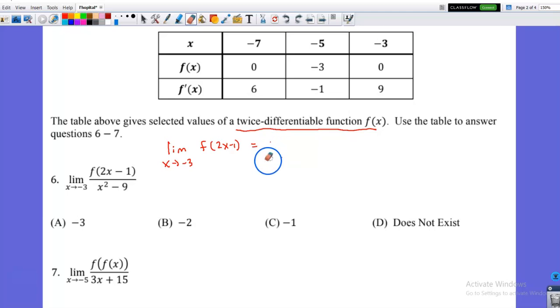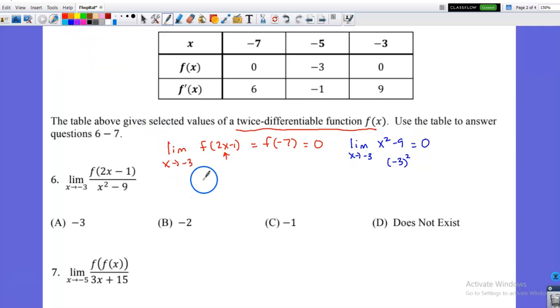So when I substitute -3, that gives me f of 2 times -3 minus 1, which is f of -7. F of -7 is 0 from the table of values above. Now the denominator, the limit as x goes to -3 of x squared minus 9. Remember that when you are squaring and substituting a -3, you have to put parentheses, so you get 9 minus 9, which is 0.